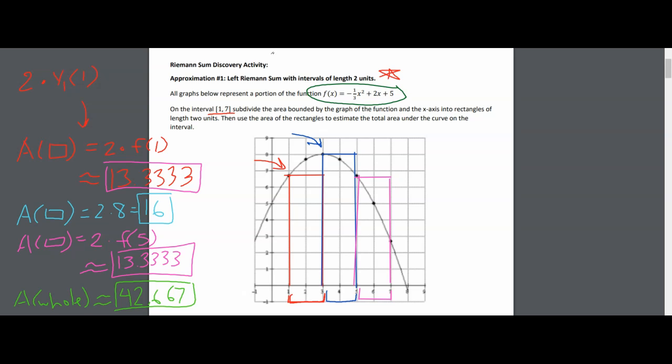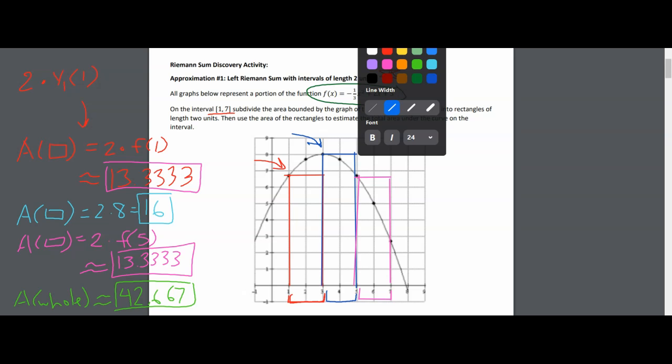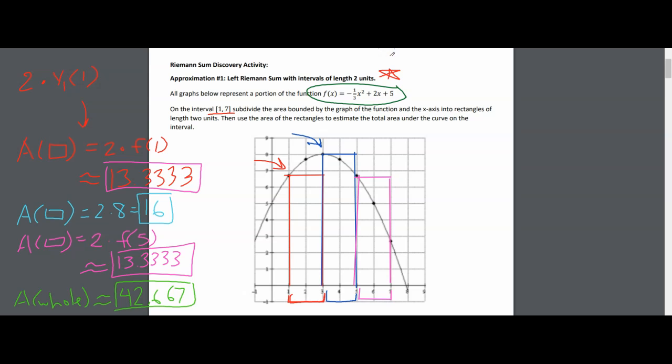Now, this is an estimate, right? It's not the exact area. But let me show you again just that integral notation, so you have an idea and you're used to it by the time we actually get there a couple lessons down the road. So what I am estimating here is the integral from 1 to 7 of f of x dx.